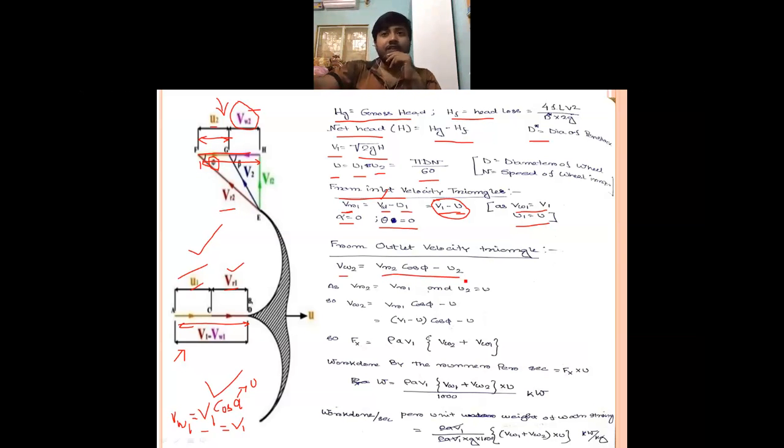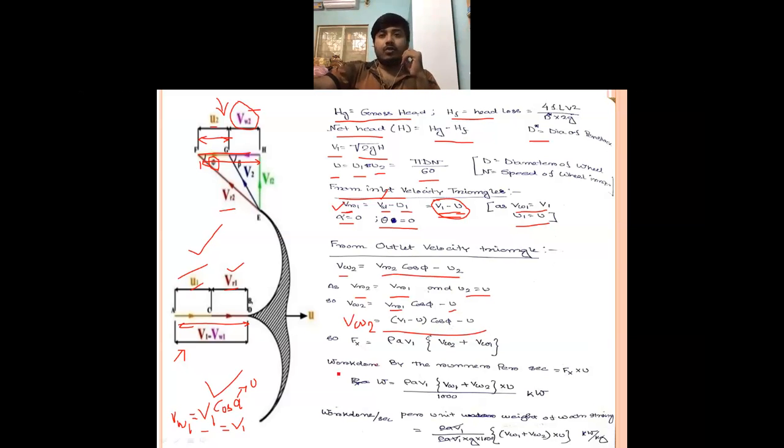Now, as the vane is smooth, we can consider VR2 as VR1. What is the value of VR1? We have already got it: VR1 is equal to V1 minus U. And U2 is the same as U. So if we put the values of VR1 and U, VW2 is equal to (V1 minus U) cos phi minus U.